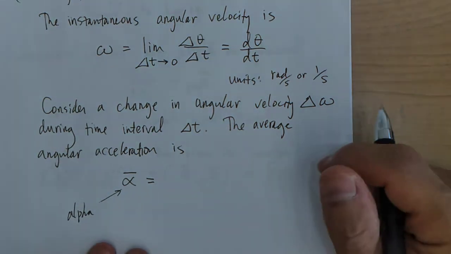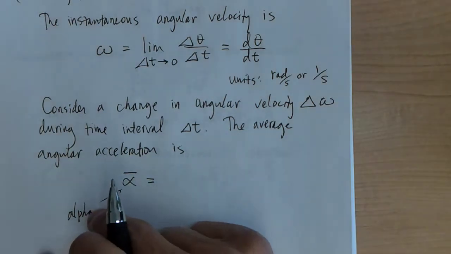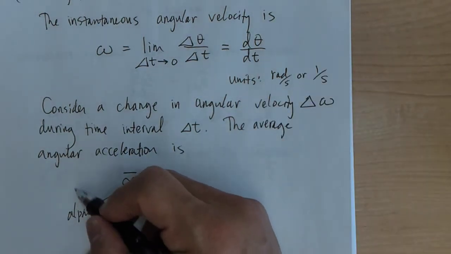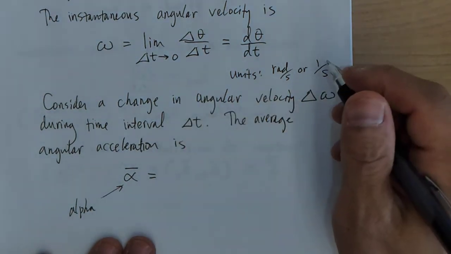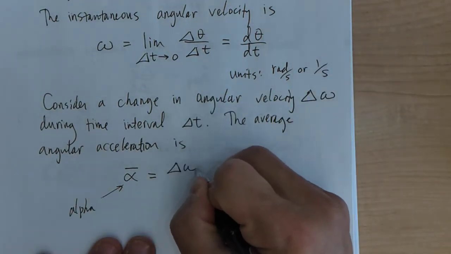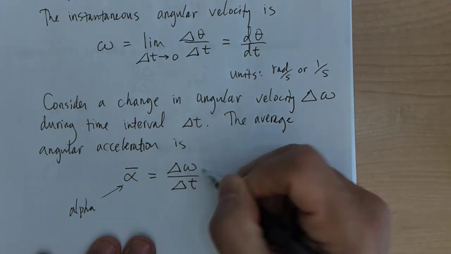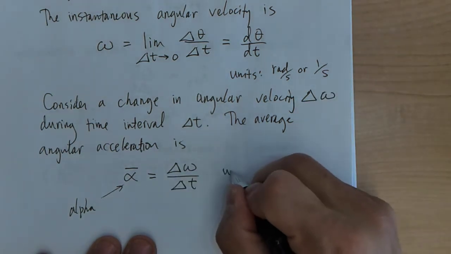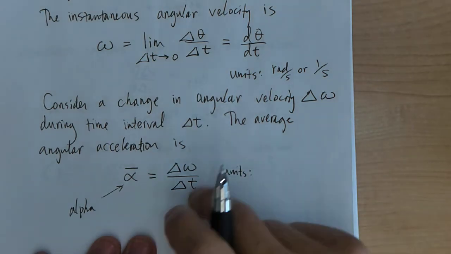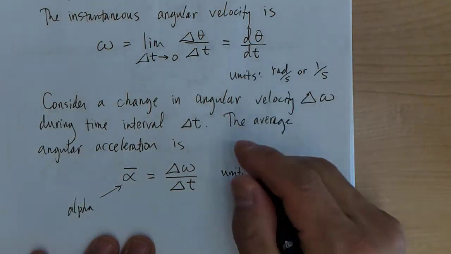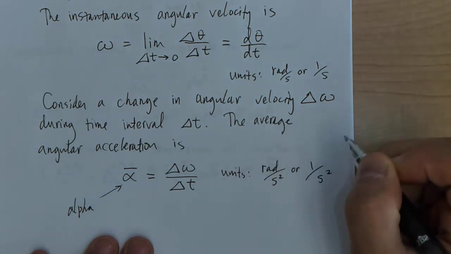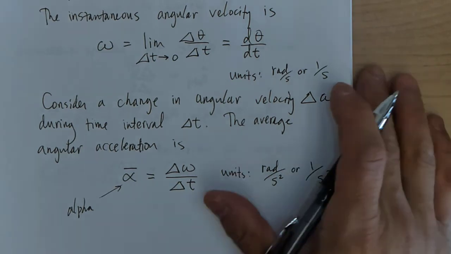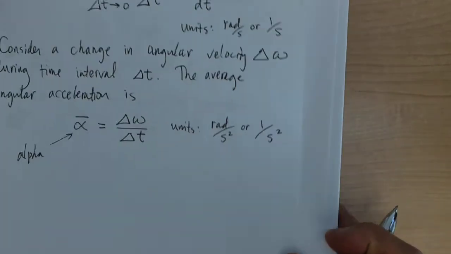Sorry, small, it's small, not capital alpha. The capitalized alpha looks like the letter A. Okay, so alpha, and that's delta omega over delta t. And this has units, because omega has units of radians per second, this becomes radians per second squared. Or if you don't want to keep track of radians, 1 over second squared. We can then talk about the instantaneous angular acceleration.